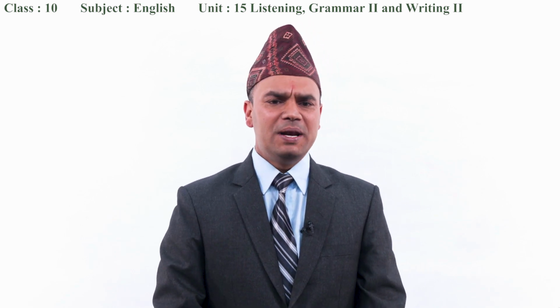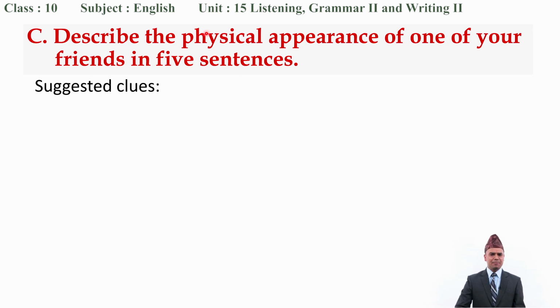Now please read question C. Describe the physical appearance of one of your friends in 5 sentences. I'm going to give the clues for you because you are trying something good. That's good, but I'm going to make you extraordinary. You have to note those clues, and you have to describe someone's physical appearance here.